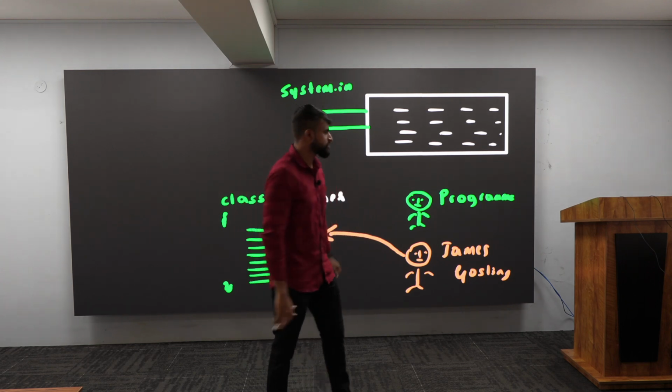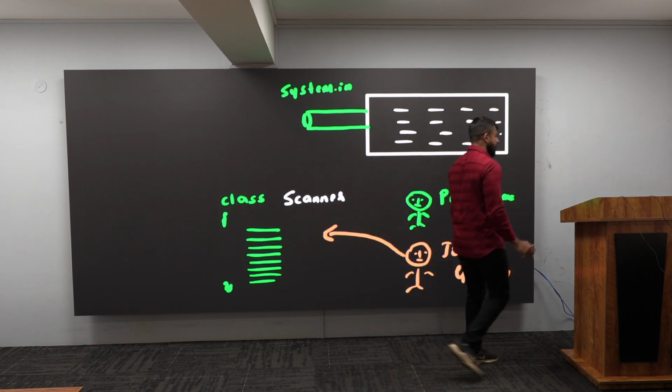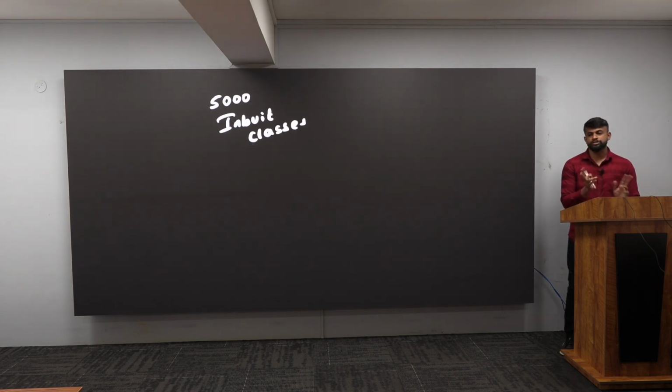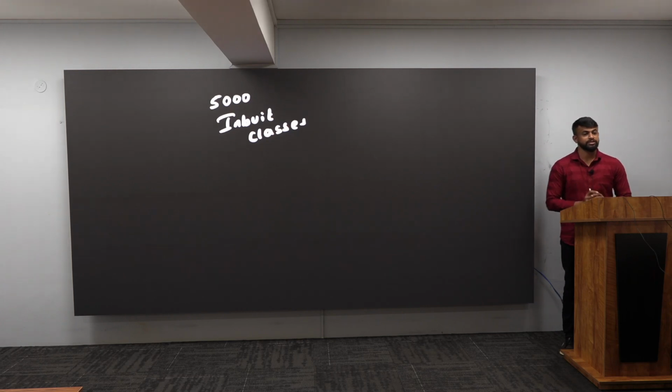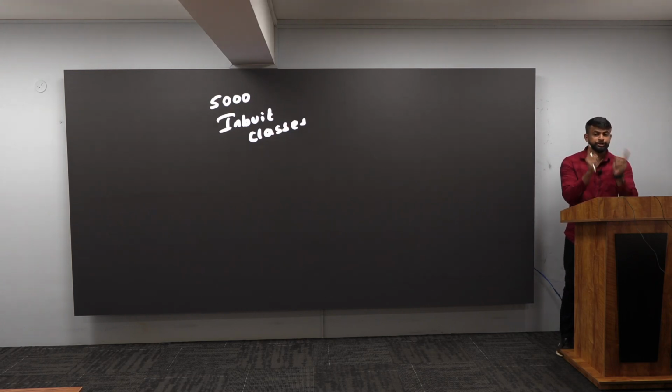How many classes has he coded, sir? Very simple. There are around 5,000 inbuilt classes in Java. You haven't coded them. James Gosling has created and kept them for you.